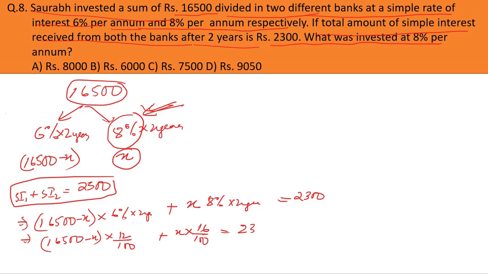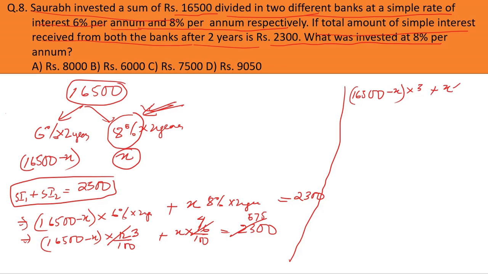Here friends, we can divide by 4. 4 3 is 12, 4 4 is 16, 4 5 is 20, 4 7 is 28. So here let us continue. 16500 minus X into 3 plus X into 4 equal to 575 into 100.